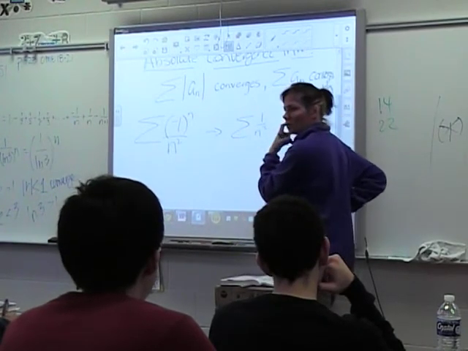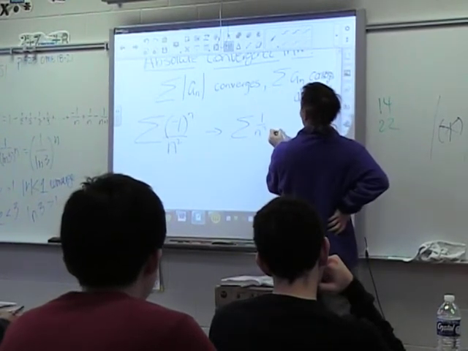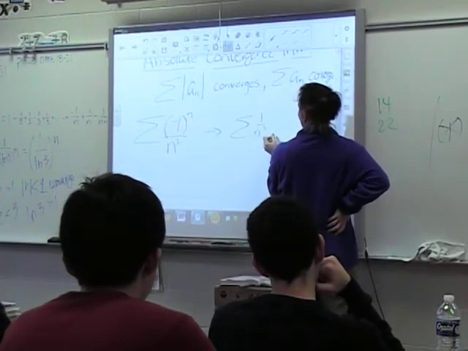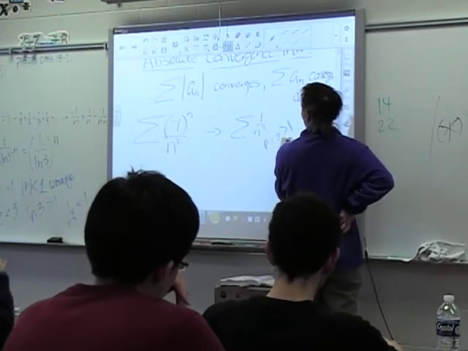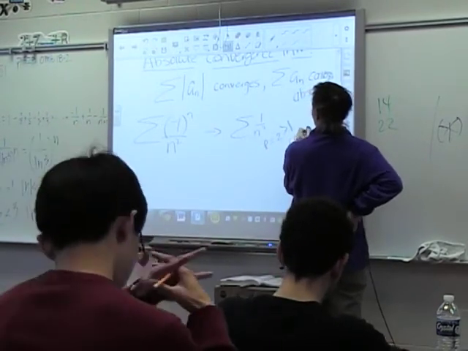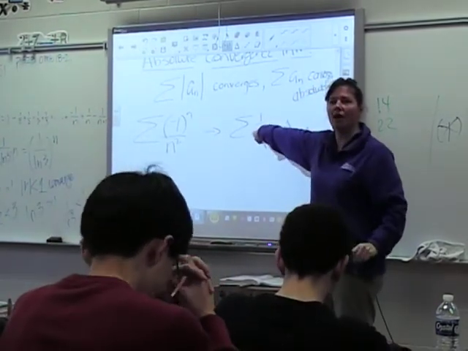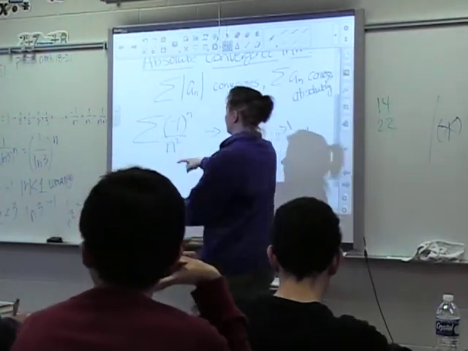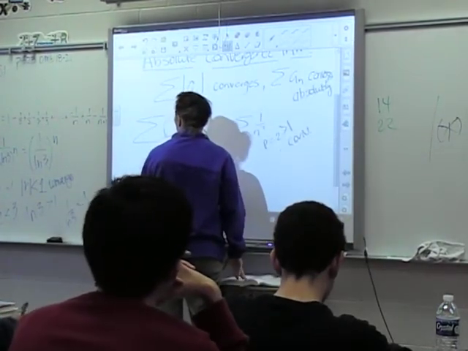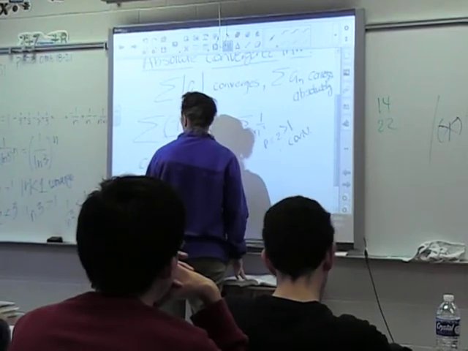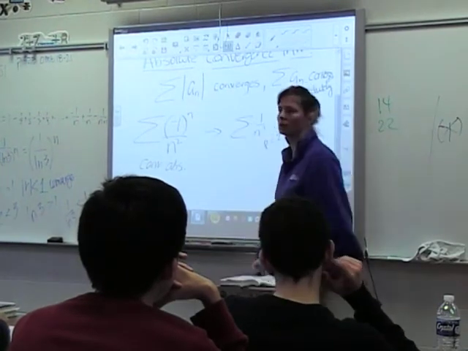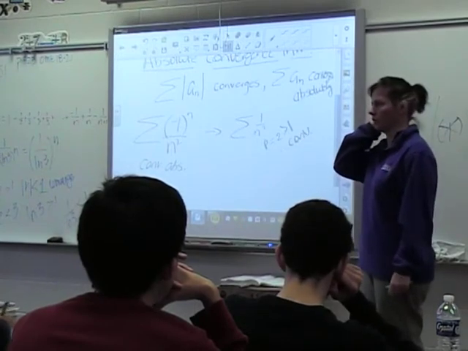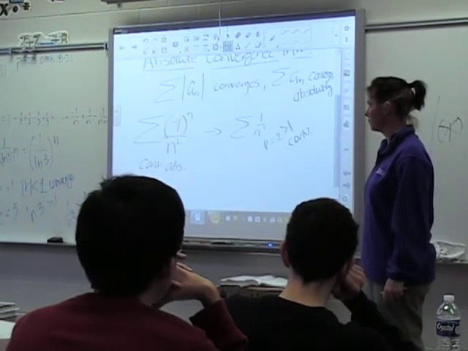What is this going to do? Why? Therefore, this is going to converge. So if the absolute value of this converges, what is this going to do? Converge. This is going to converge absolutely. By the absolute convergence theorem, but we're not going to worry about that.